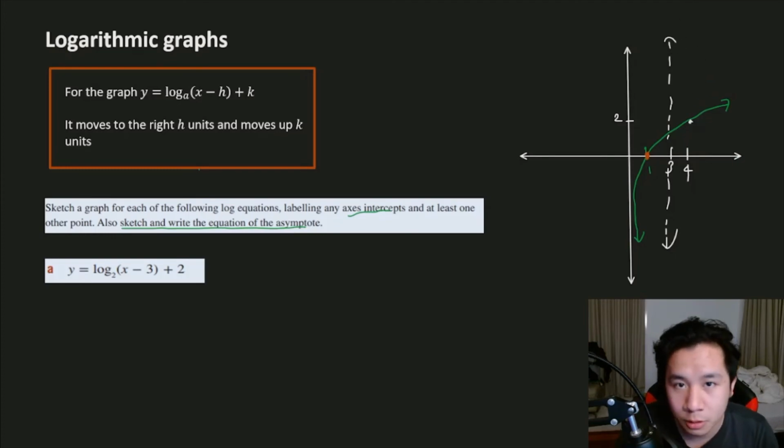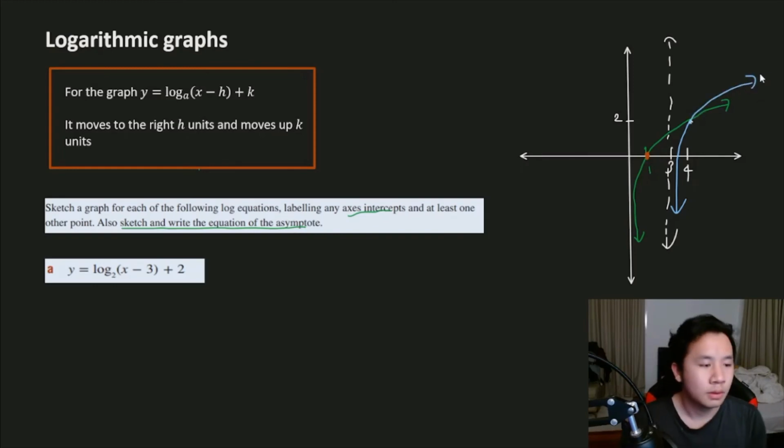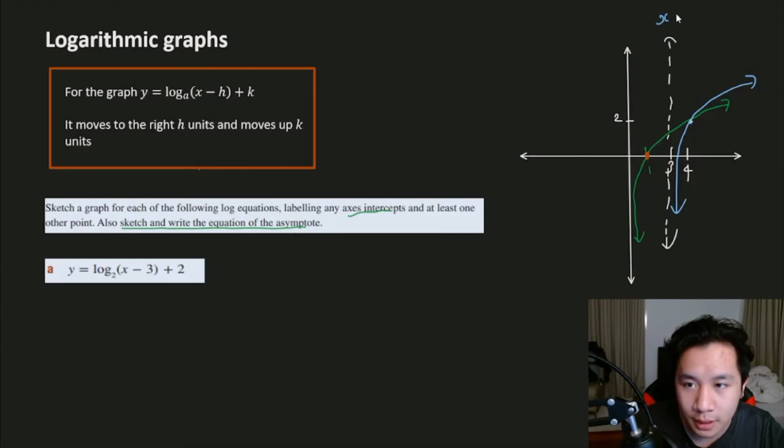All right, and then I'm going to draw the translated graph in blue. So it looks something like this. So we've already done the second part. I'll just label it, so that is x equals 3.